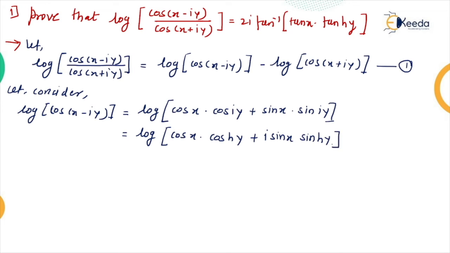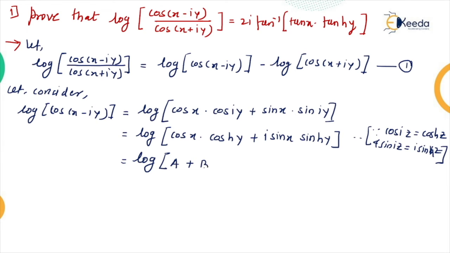Here we use cos iz equal to cosh z, and sin iz is nothing but i into sinh z, the hyperbolic functions of z. So you have to use this result. Therefore, for consideration, I am taking this as log of a plus i into b.